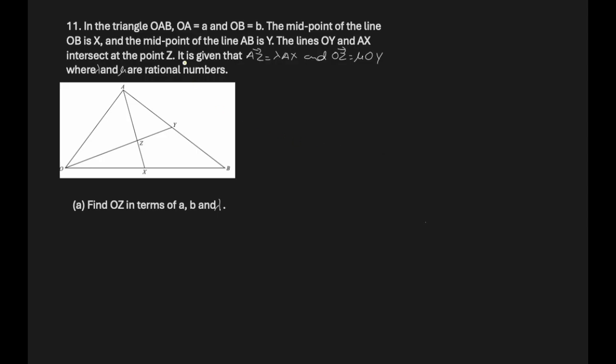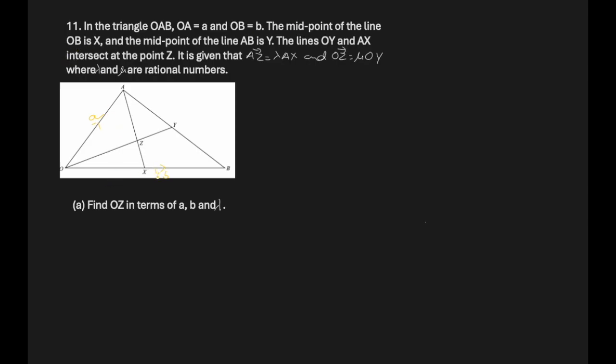In the triangle OAB, OA is vector A. So starting from O ending at A, the direction is very important, okay? OB is B, okay? This direction is B. The midpoint of the line OB is X, okay?